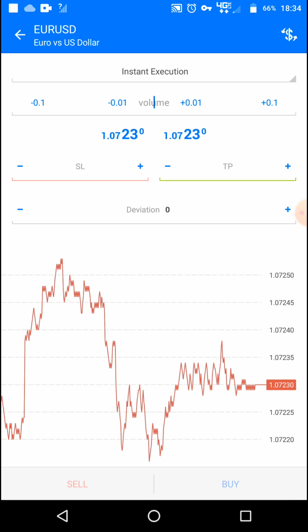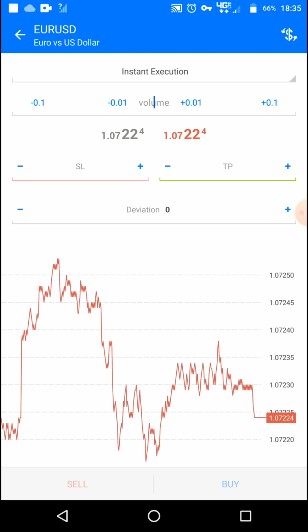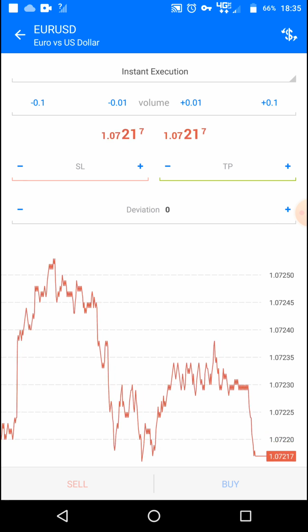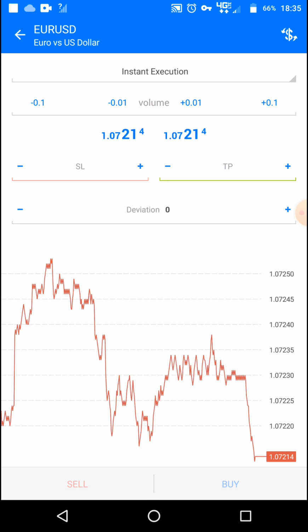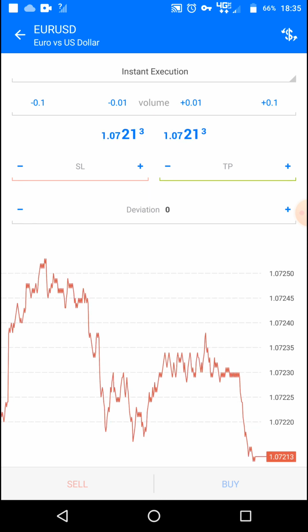Please just be careful when you don't have a huge amount in your account. If you want to place a bigger lot size, then your account too should be bigger. You shouldn't risk the amount that you've invested.